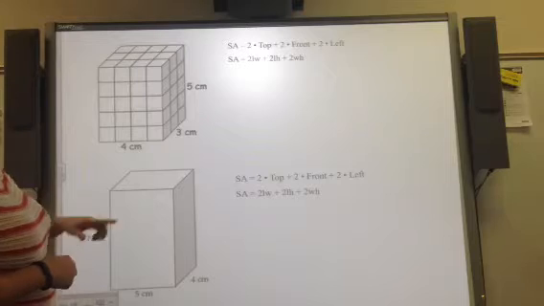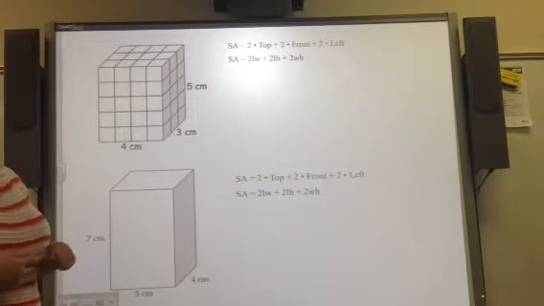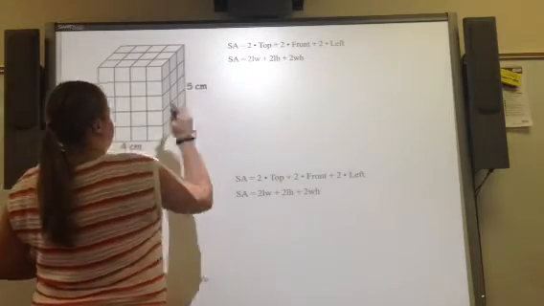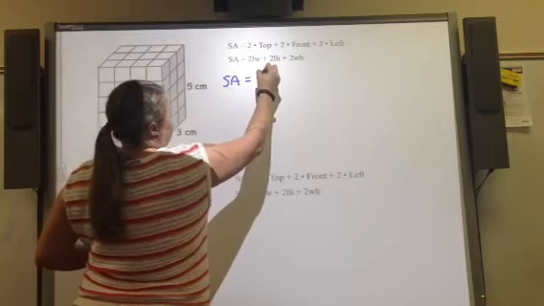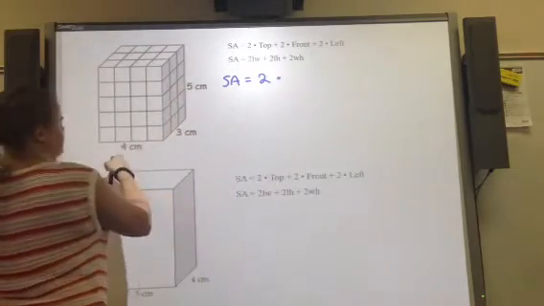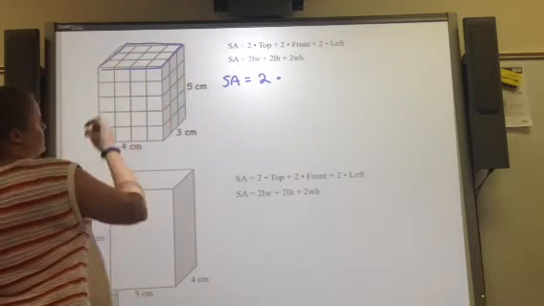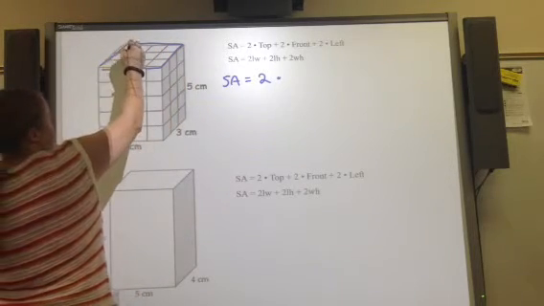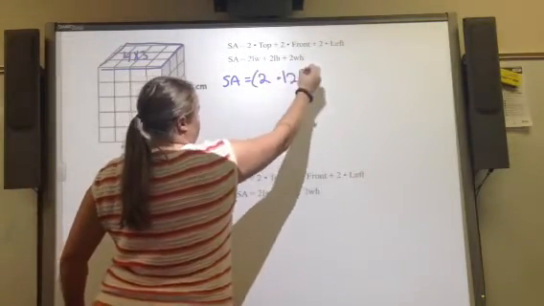So for our first example, we have a 4 by 3 by 5 figure, and we're trying to find the surface area. So to find the surface area of our top, it's 2 times, and our top is this area right here. So this dimension is 4 by 3, and that equals 12.